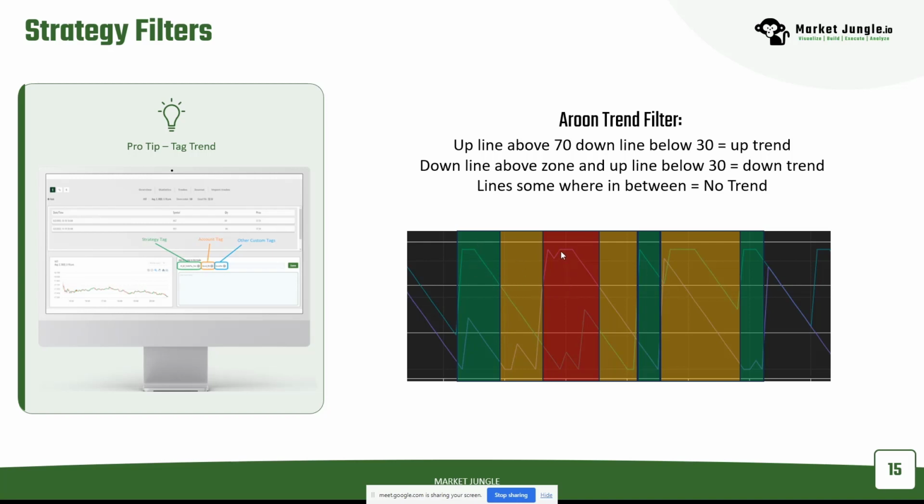And then if they're flip-flopped, this would be an uptrend in green, red would be a downtrend, and then yellow would be no trend. And the no trend, I've just tried to highlight in between where we don't have that green line up here and the blue line down here, or vice versa.